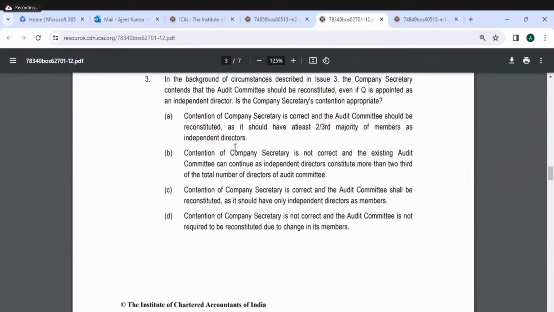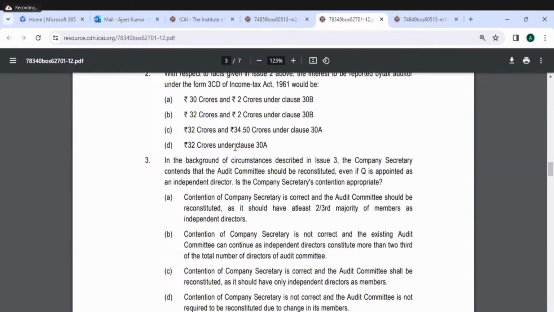Kindly let us know. Now, if we read MCQ number 3, in the background of circumstances described in issue 3, the company secretary contends that the audit committee should be reconstituted. Does the audit committee need to be reconstituted? Yes or no?